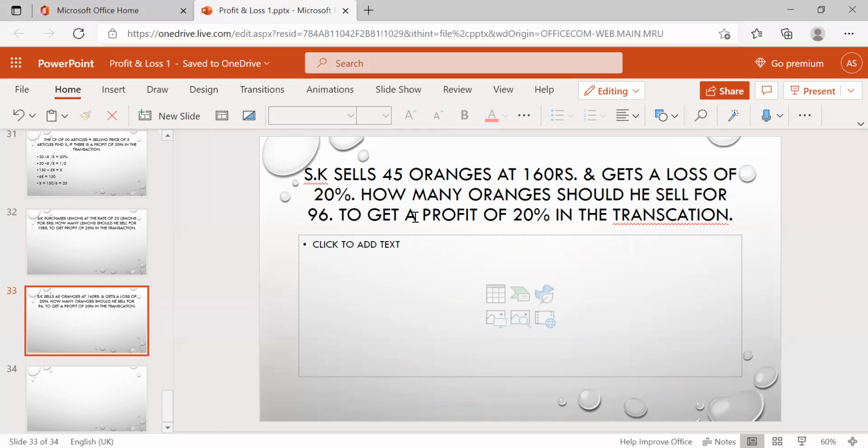A shopkeeper sells 45 oranges at 160 rupees and gets a loss of 20%.